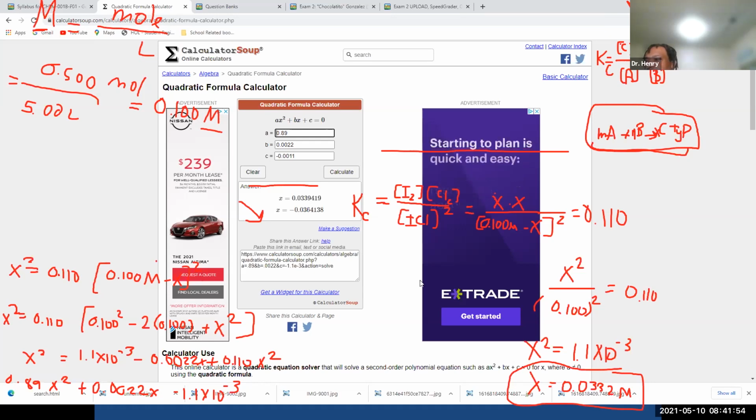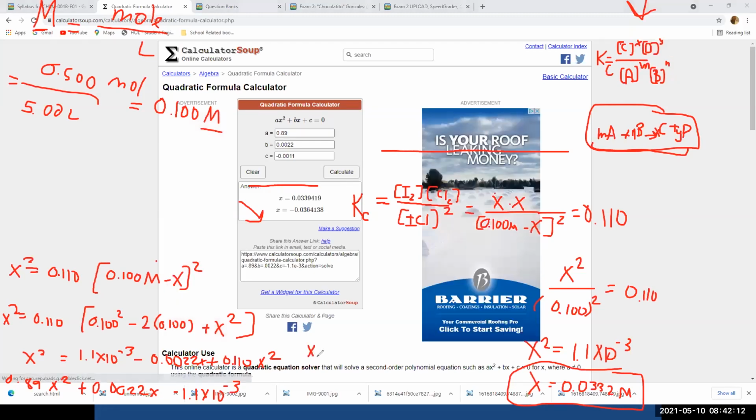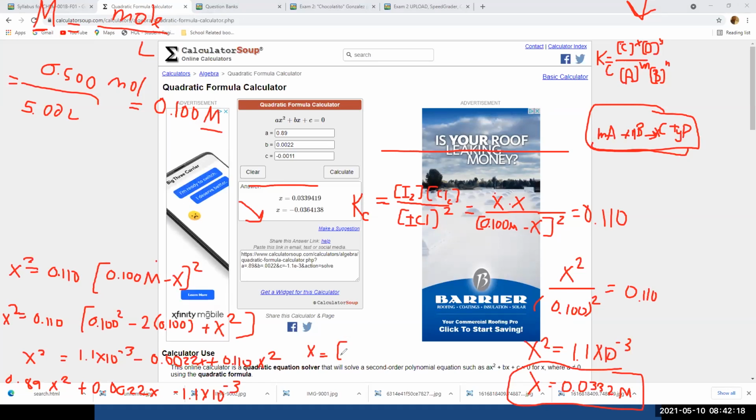And what did we calculate using that short method? 0.0332 molar. So by making that assumption, it's not too far off, right? Right.